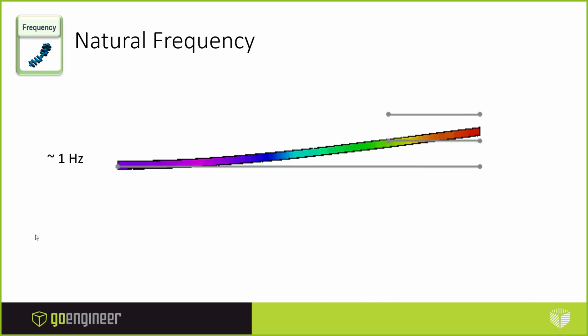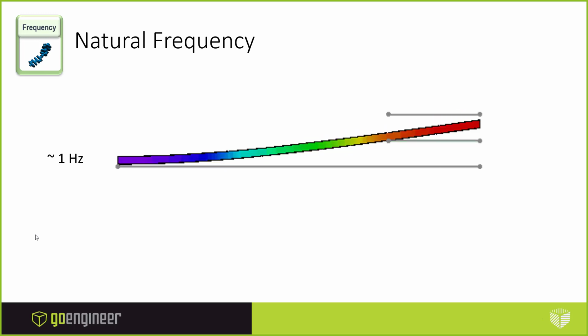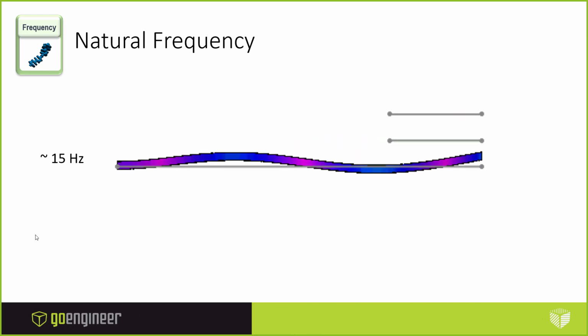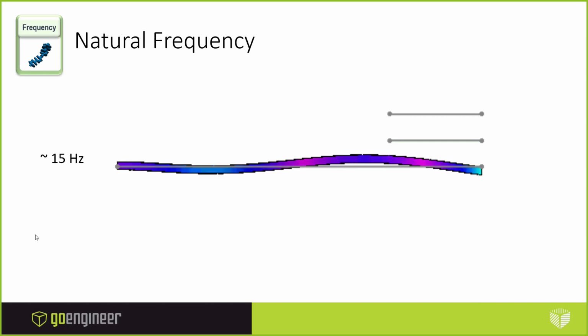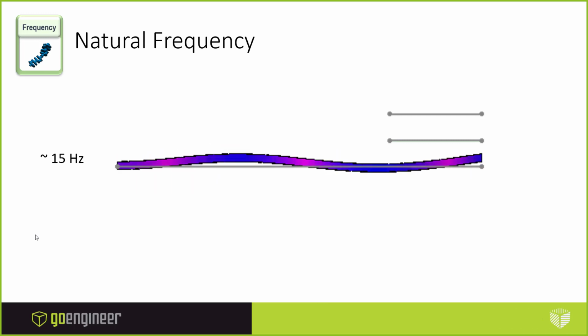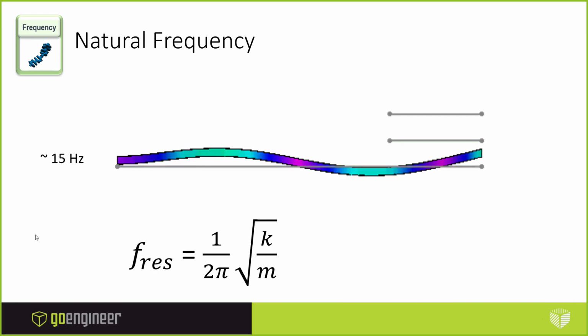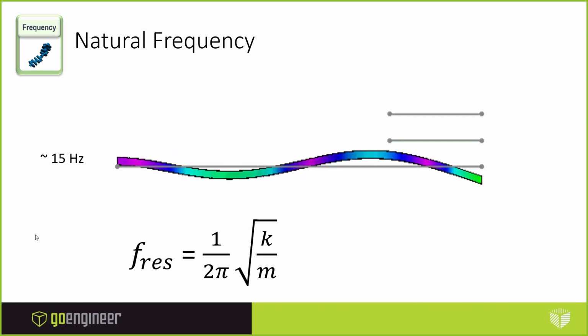Now, structures like meter sticks, or any structure for that matter, have many resonant frequencies. Here's another one. If I were physically capable of moving this meter stick up and down at 15 hertz, that's 15 times a second, I might see this type of resonance. This almost starts to look a bit like a guitar string if you pluck it hard enough. Of course this resonance boils down to this fundamental equation here.